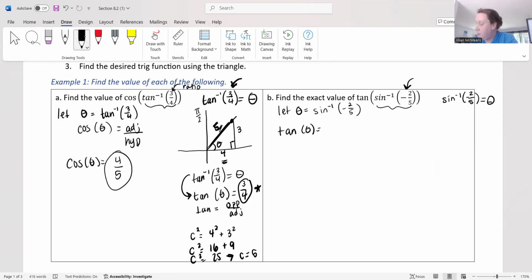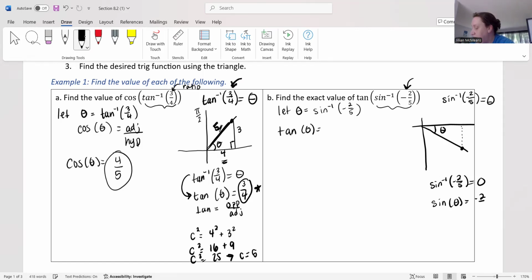Alrighty, so if I'm looking in quadrant 4, and I have some angle theta, when I build my triangle, I know my angle theta is right here. And then if inverse sine of -2/5 equals theta, I can rewrite that using regular trig functions: sine of this angle theta has a ratio of -2/5.